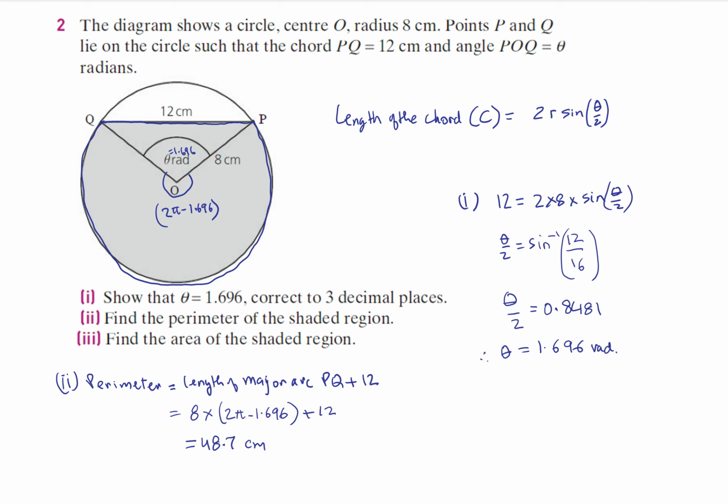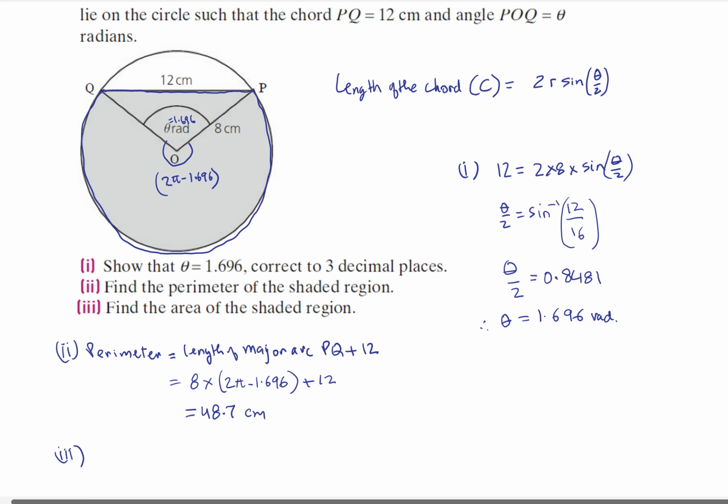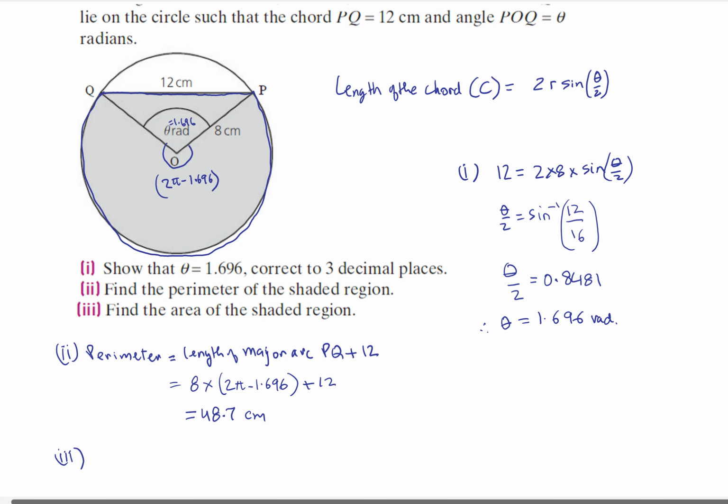Now the area of the shaded region. So the area bit, similarly it's the area of the major sector plus the area of the triangle.